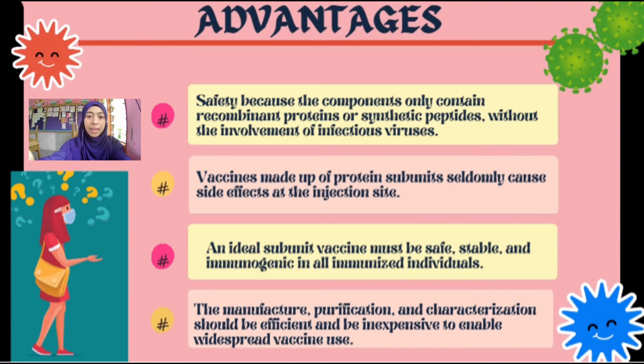Number 3, an ideal subunit vaccine must be safe, stable, and immunogenic in all immunized individuals. These features have made subunit vaccines an attractive vaccine candidate. The manufacture, purification and characterization should be efficient and inexpensive in order to enable widespread vaccine use.